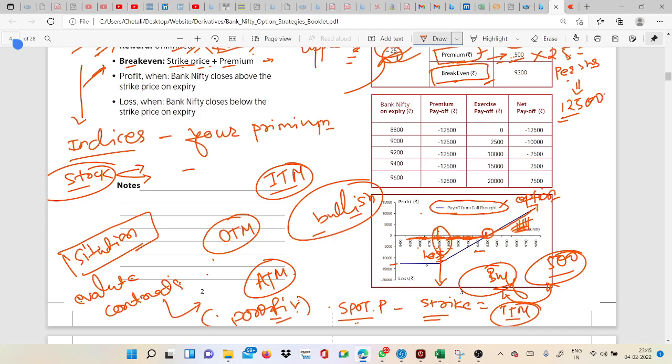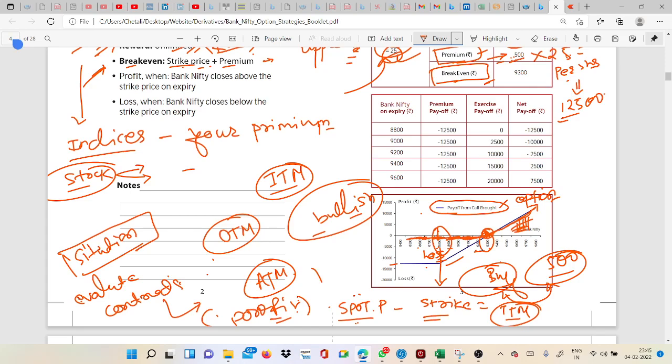But when this actually crosses this particular limit, which is 9,300, then only you will have a profit in your pocket.